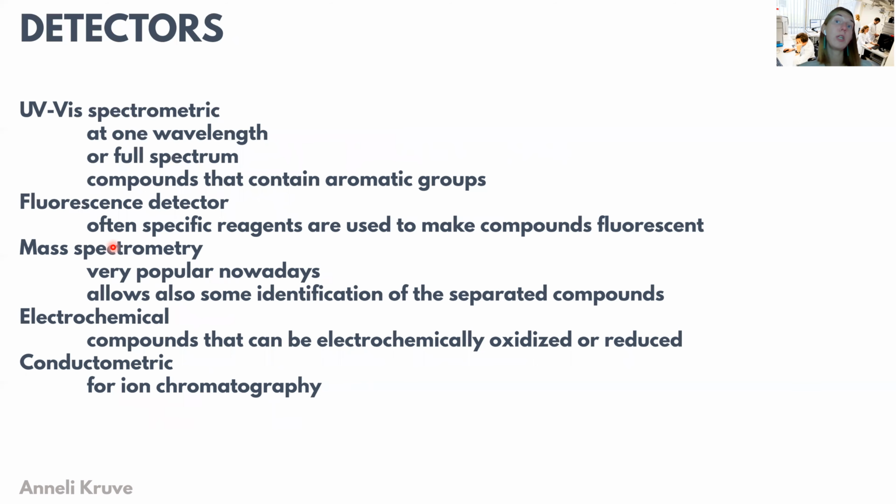So this means information about the different functional groups that are present in the compound. So mass spectrometry can give us additional selectivity.